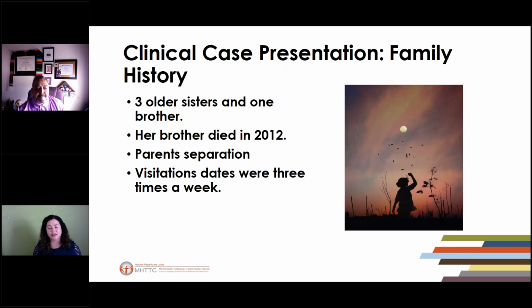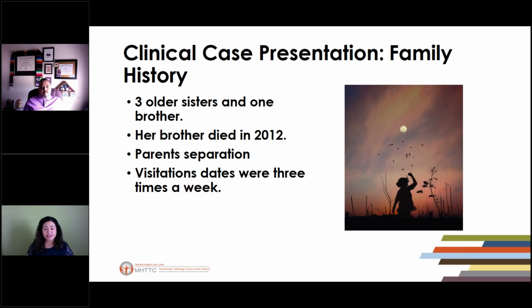Some of the difficult situations: the youngest member of the family died in 2012. So for my client and the whole family, it was a traumatic event. My client also has 3 older sisters and the brother that passed away. Another thing that my client experienced was the separation of her parents, because they separated after her brother died.